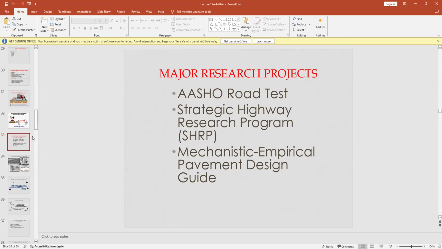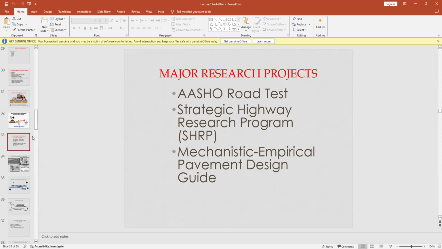So they invested a lot of money. It was a multi-million dollar project. I cannot remember that figure right now, but that actually changed everything: the material, the pavement, the design techniques, and the loading they were taking.